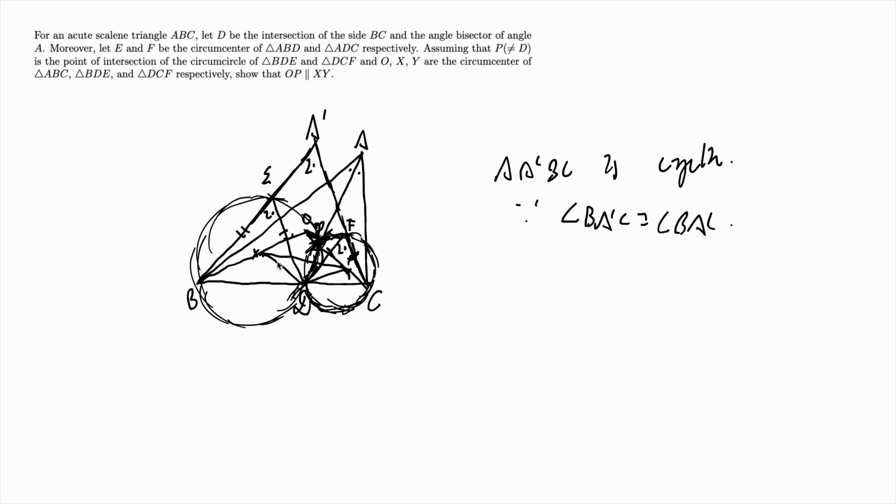Now we know that. What should we try? Yeah. One thing that we can notice here is, because P and D lie on this circle, I will just say circle X, E, B, D, and P are cyclic, and similarly, P, D, C, and F are also cyclic.